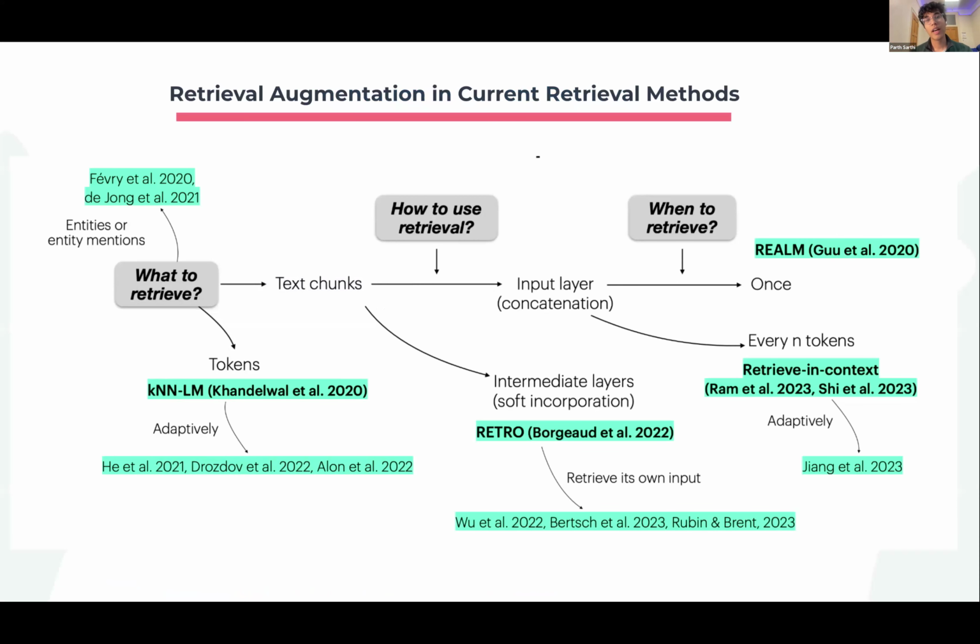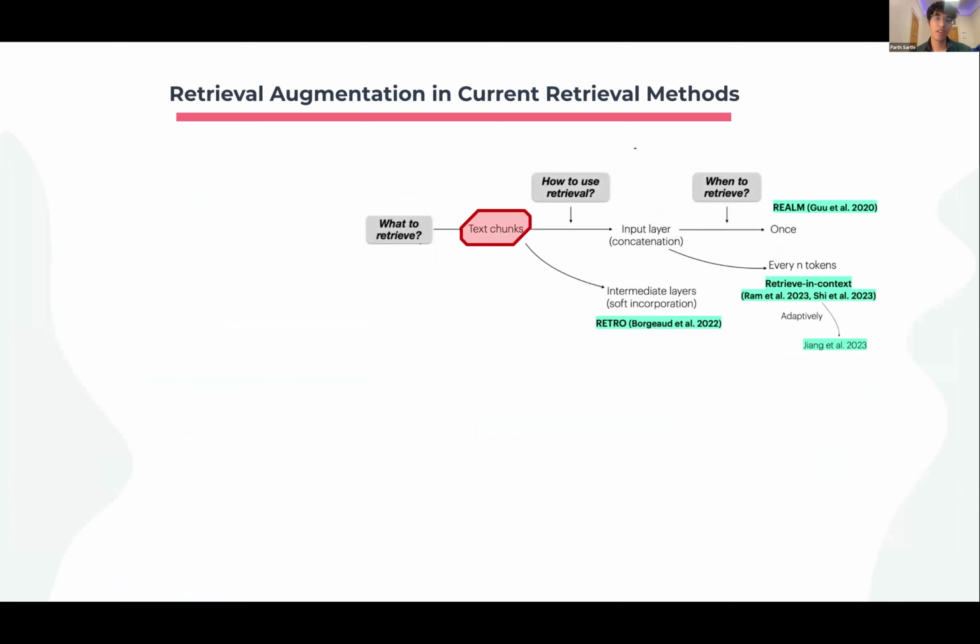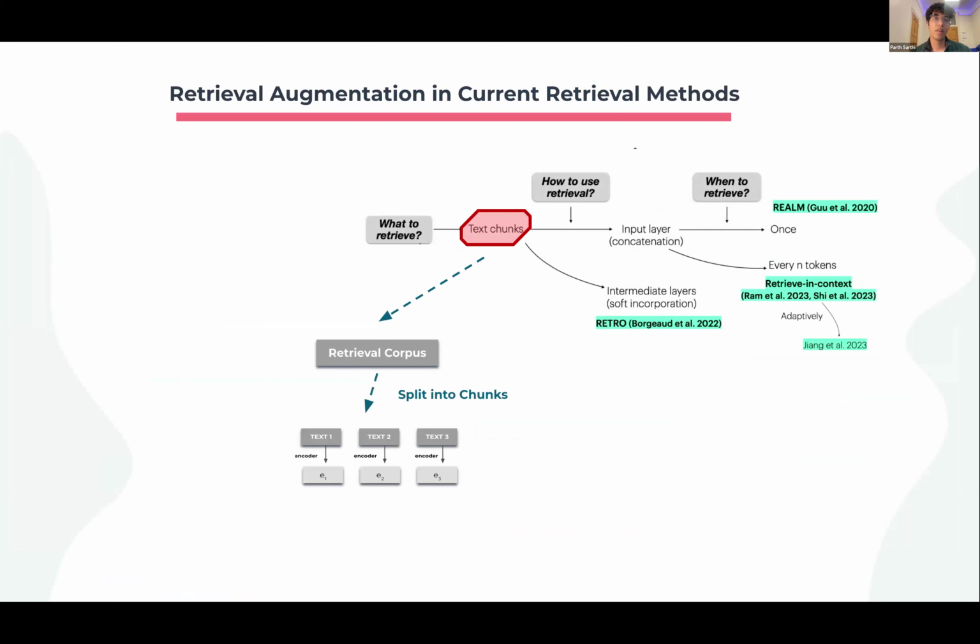If we look at retrieval augmentation in the current retrieval methods, the way it generally works is that you have a retrieval corpus, and then you split it into chunks. You can split this smartly using all the fancy chunking techniques, or you can just split it at the 100 token level. You can make sure that your sentences aren't being cut.